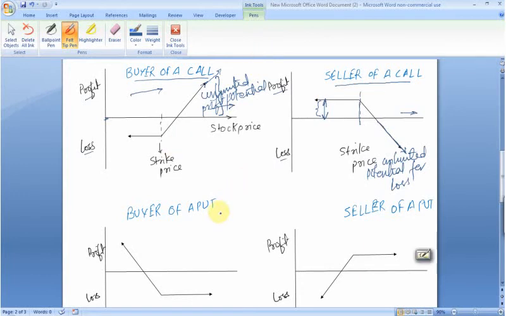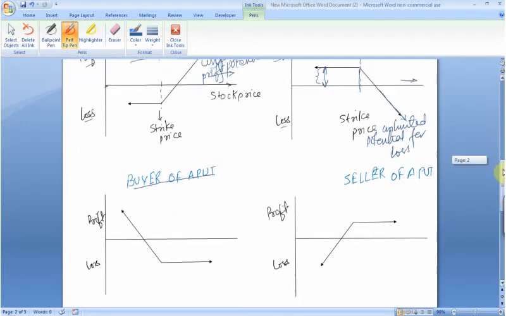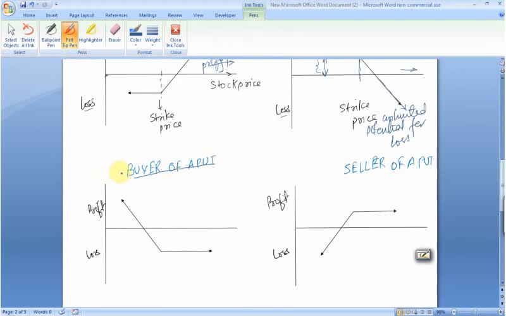Again here, look at the situation, what happens in the case of a put option. Now this is the graph for the buyer of a put option. If you remember, the buyer of a put option, put, he is bearish.